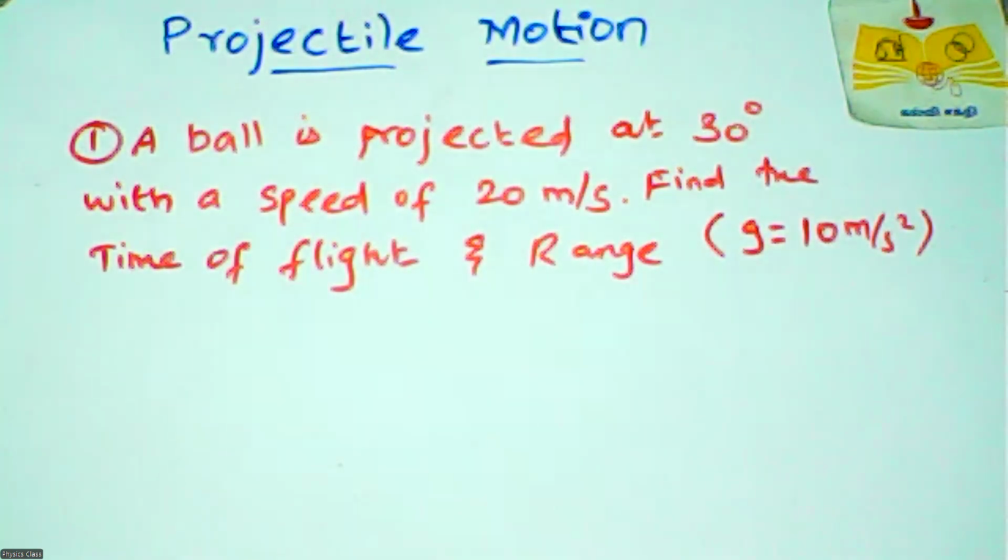Anyone? Cricket is one example. Yes, very good. A real life example of parabolic motion. What is the answer? Time of flight and range.